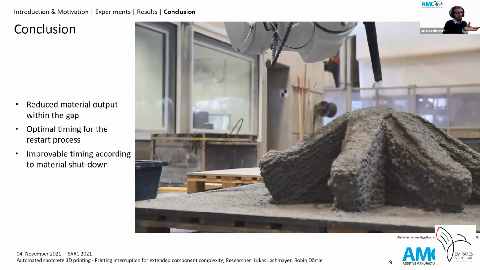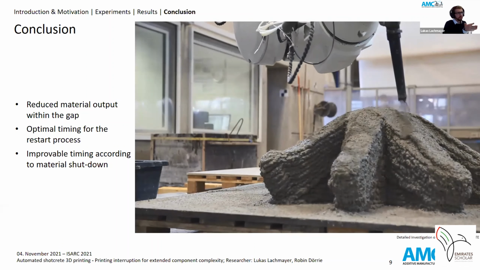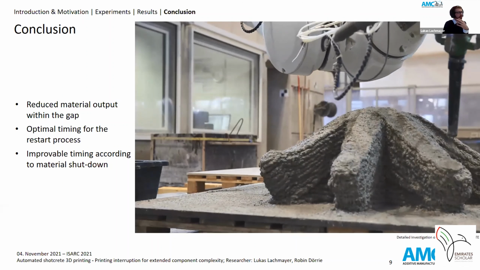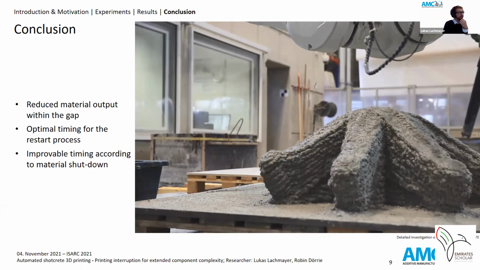It can be seen that we are definitely reducing the amount of material sprayed within the gap, and that we have a very good timing of the restart process. However, a little improvement can be made to the shutdown process, because we still have some material left within the gap, but this will be done in a further experiment.